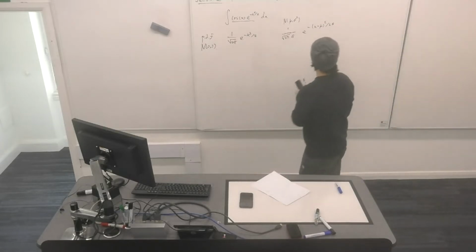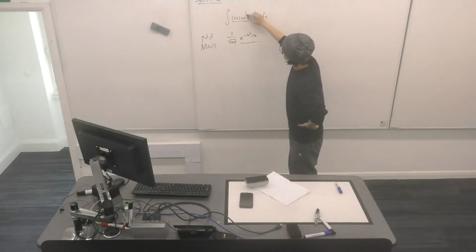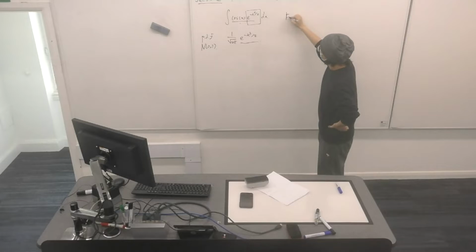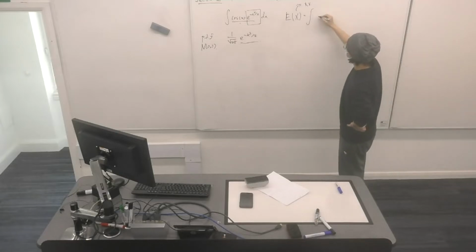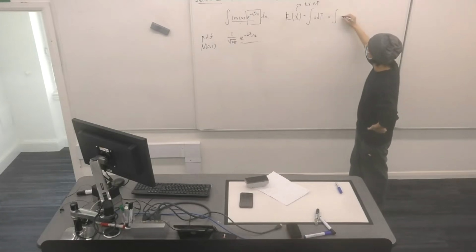So we have this. Now we have exactly this as well, and we're going to find x. If you recall, the expectation of x for a continuous random variable x is the integral of x times the PDF.